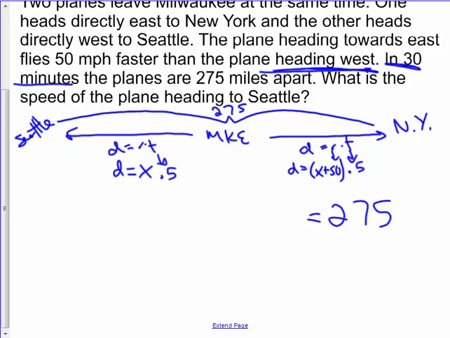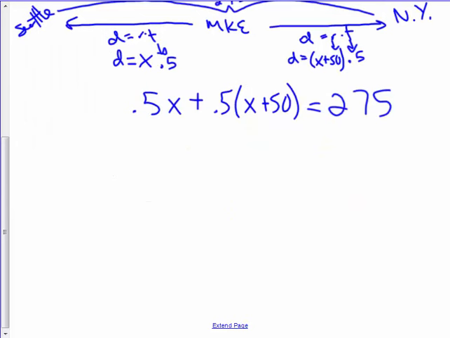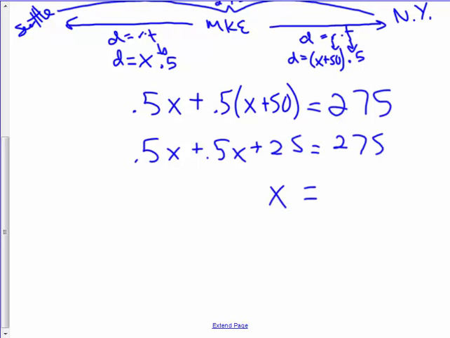So I'm going to take the distance I traveled from Milwaukee to Seattle, that's d equals 0.5x, plus the distance from Milwaukee to New York that I've flown so far, 0.5 times x plus 50, and that equals 275. I solve it, I distribute, half of 50 is 25. I get 275, so 0.5x plus 0.5x, that's 1x, that's nice.